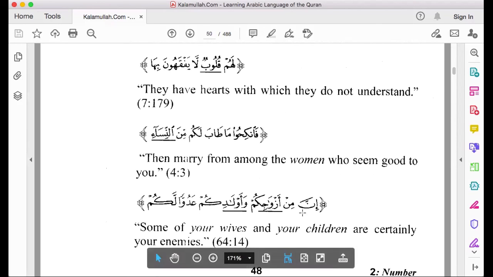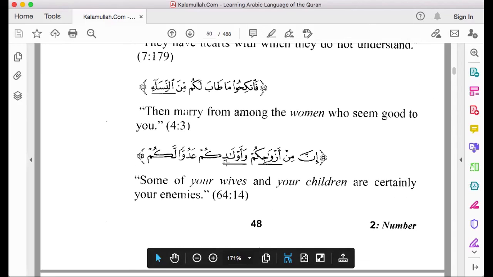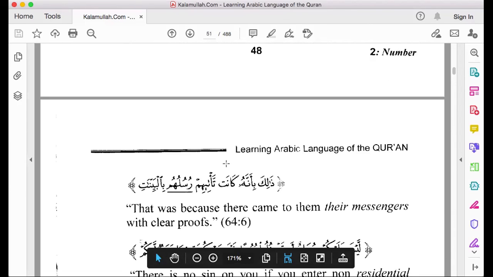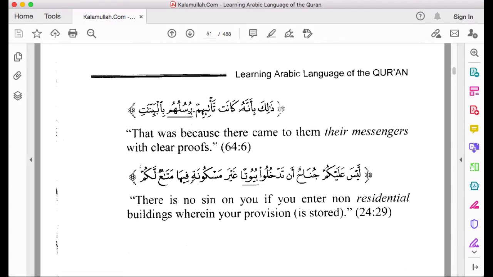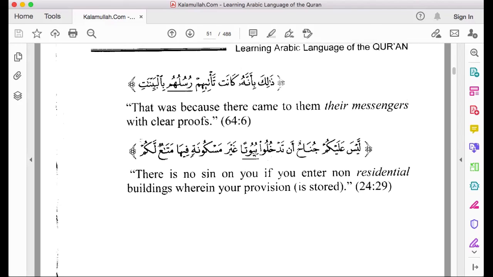Nisa'u, right? Azwaj, we looked at that before. Awlad. So rusul. We talked about rusul as a plural, messengers. And then we looked at this too, baitun, and this is the plural, buyut.